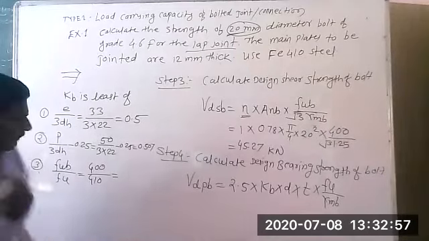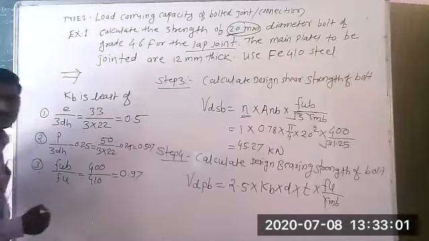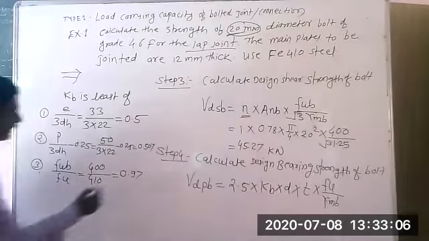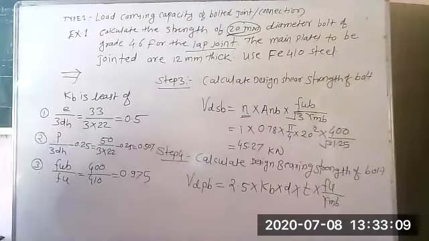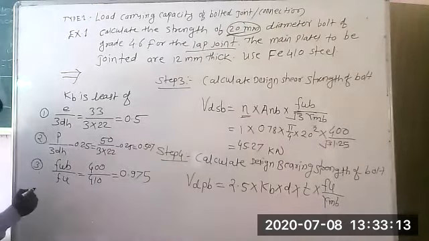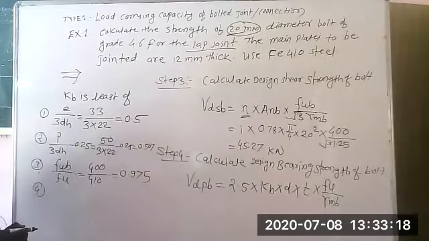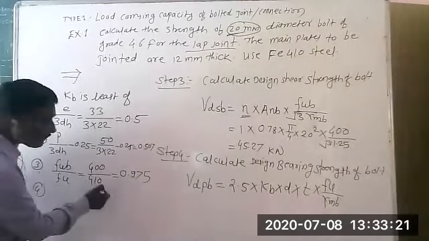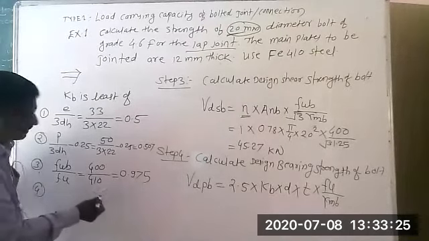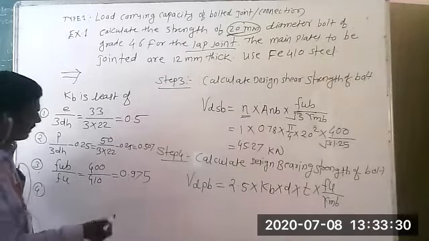FUB divided by FU, how much is this? 0.975. See, this is correct. 400 divided by 410, how much? 0.75 or 0.975? 0.975. Correct.